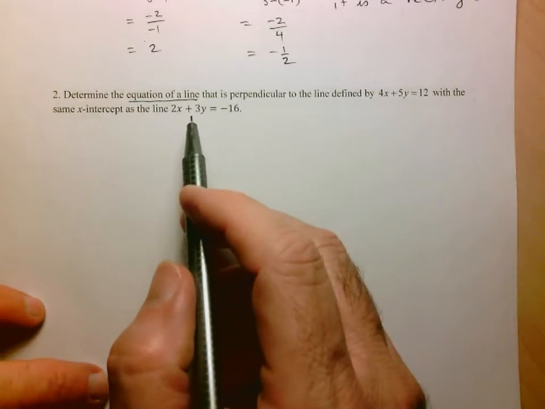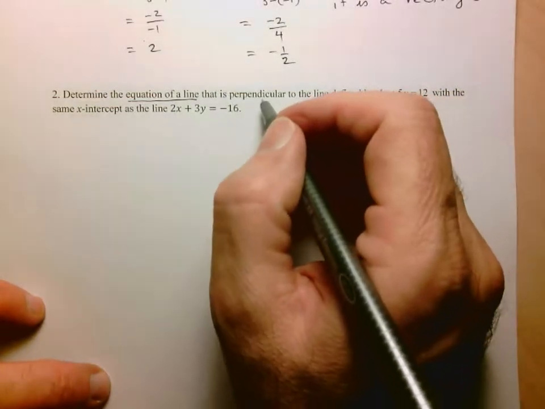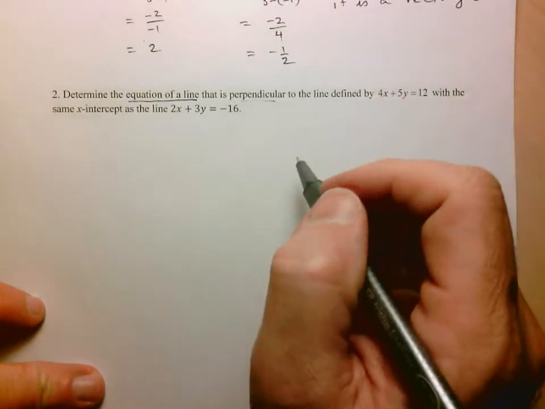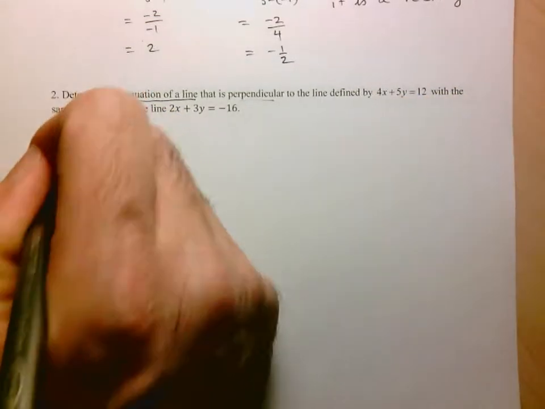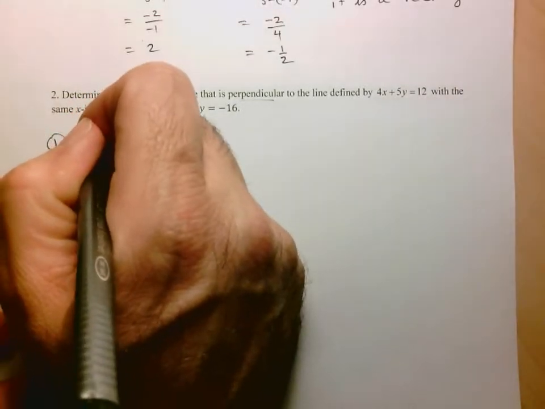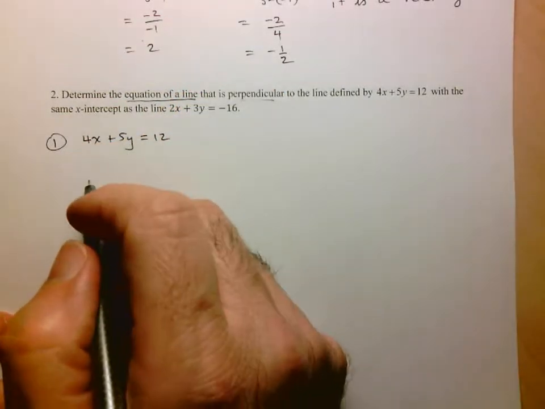Keep in mind that in order to find the equation of a line, I need a point and the slope. Since it's perpendicular to this line, this is the one I'm going to use to help me find the slope. So step 1, let's find the slope of that first line. I have 4x plus 5y equals 12, and the way to do that is to isolate y.